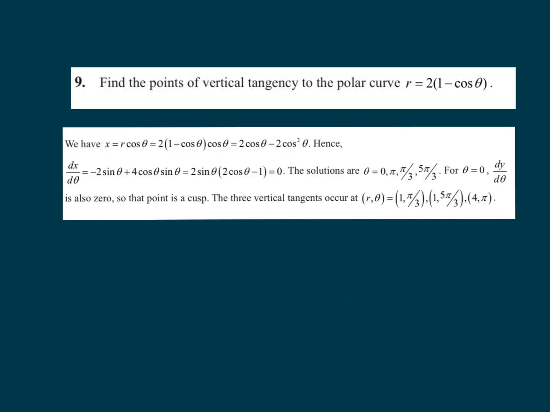This problem says find, this is also a cardioid. You can represent this cardioid. I think it will go something like this. Okay, this is the cardioid.